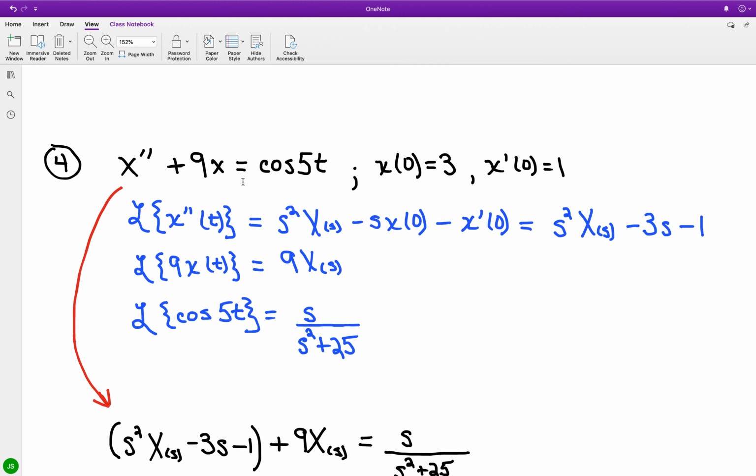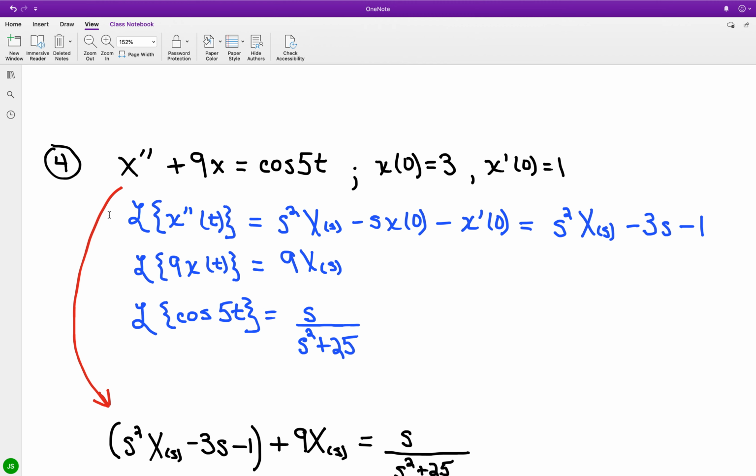Rewriting what we have in terms of Laplace transforms, the second order derivative translates to s squared times the Laplace transform x of s minus 3s minus 1. So we have both x naught and x prime naught to be non-negligible values.